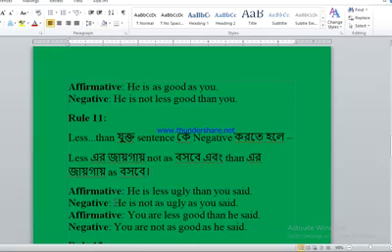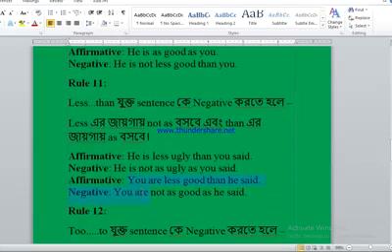First you will use he as the subject of the negative sentence, then you will add the verb is, then you will add not, and you will use as in place of less, then you will put the adjective in the gap of as dot as, then you will use the rest of the words of the affirmative sentence. You will try this example yourself.